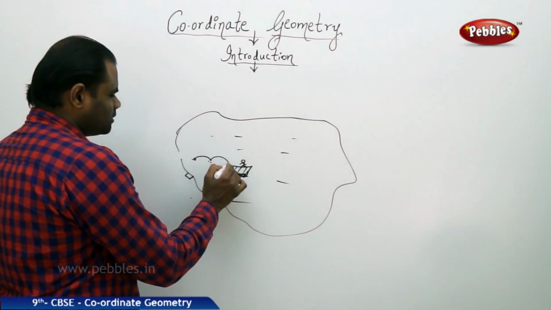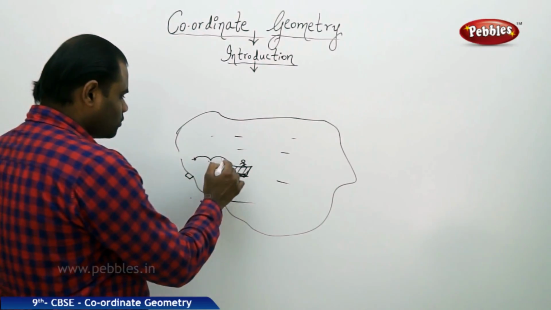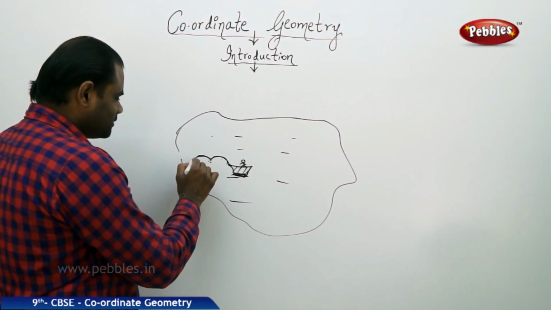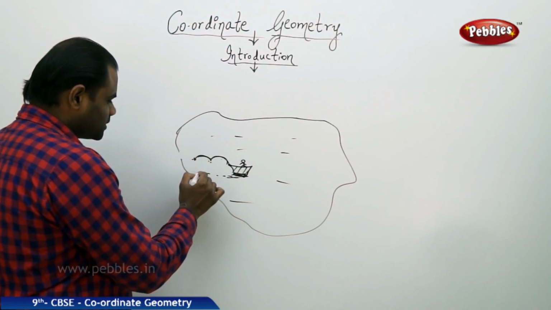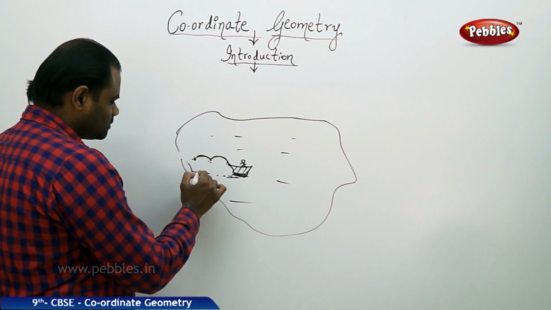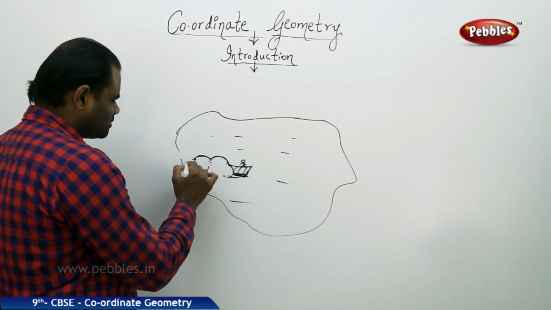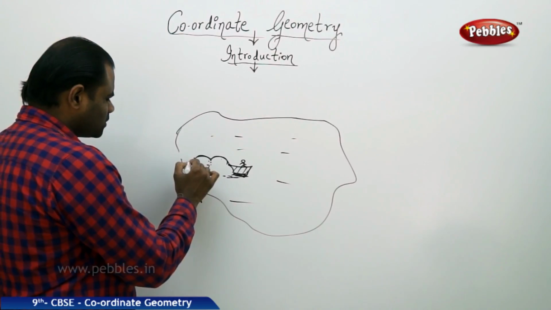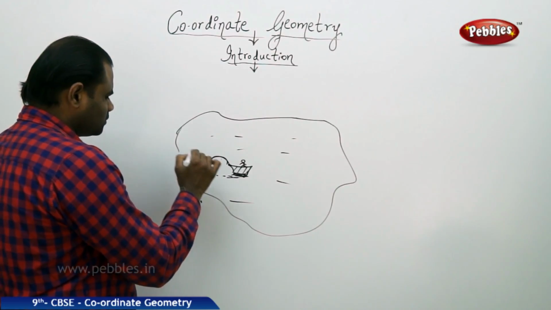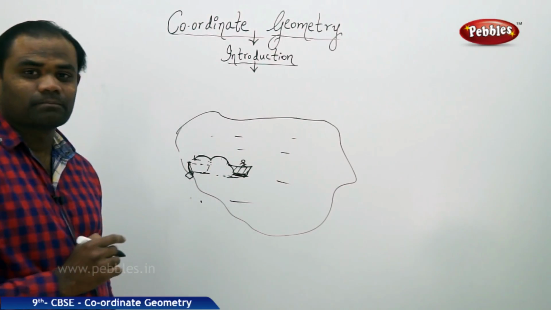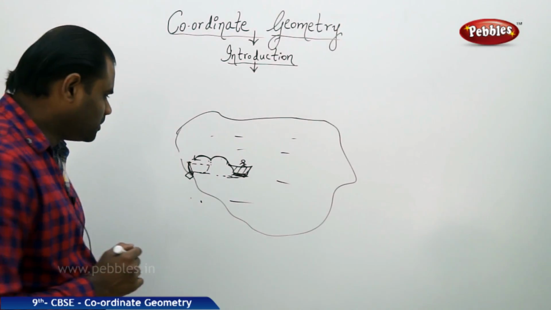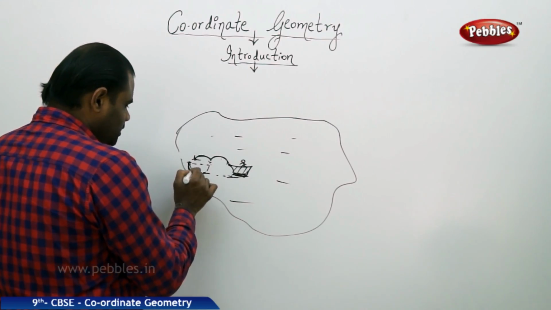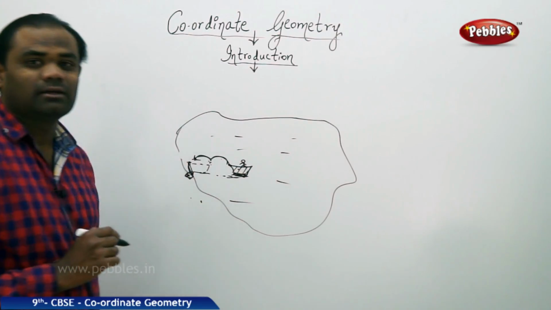A person standing here would like to see the distance moving 2 units towards this side, and then exactly when the ship moves to this place, from here the ship needs to move 1 unit down, is how we understand the distance being measured. So the person who is 2 units left and 1 unit down is where he reaches the bank, the destination.